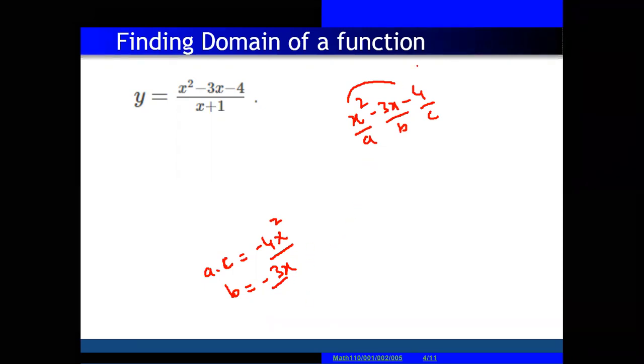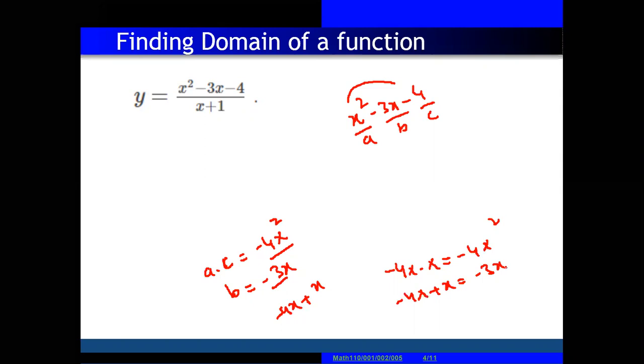These numbers are actually minus 4x and plus x. Minus 4x, if you multiply with x, equal to minus 4x square, and minus 4x if you add with x equal to minus 3x. So both conditions are satisfied.